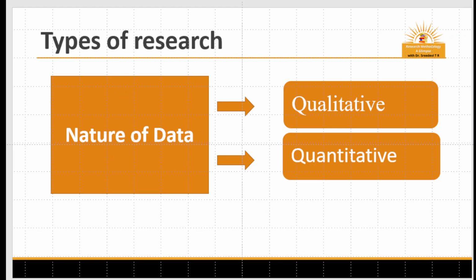Then coming to types of research. Based on the nature of data, research can be classified as qualitative and quantitative. These are two different approaches.